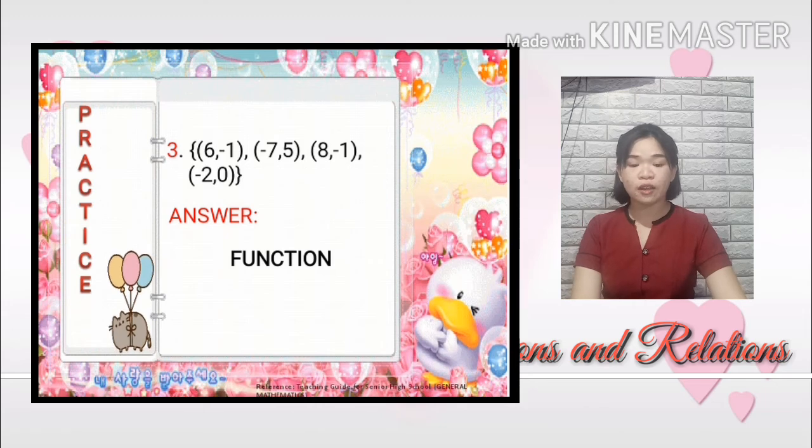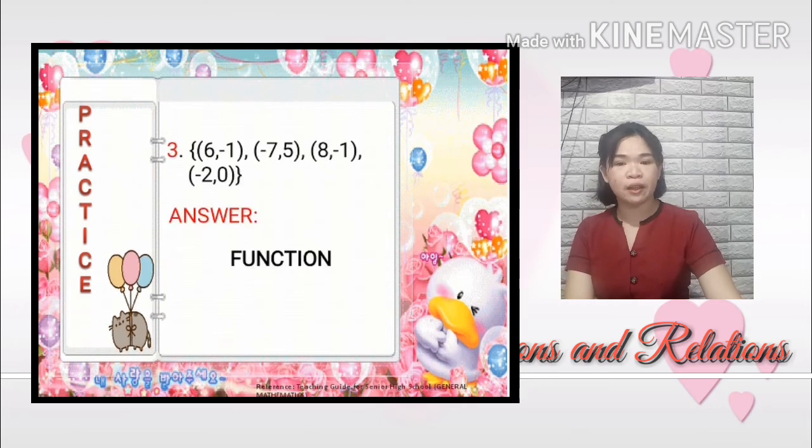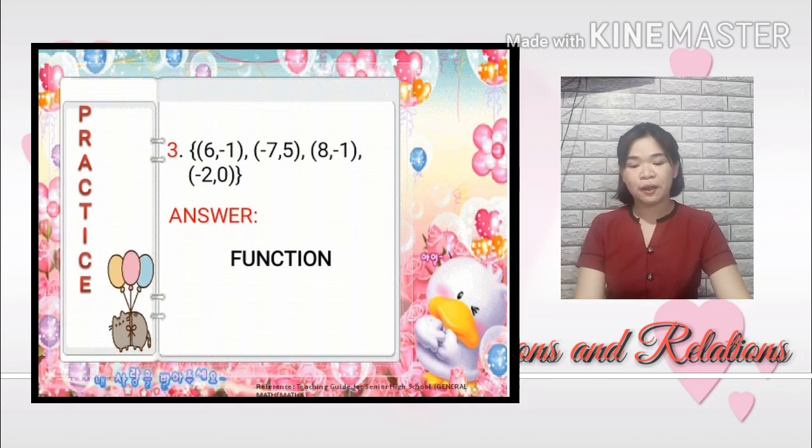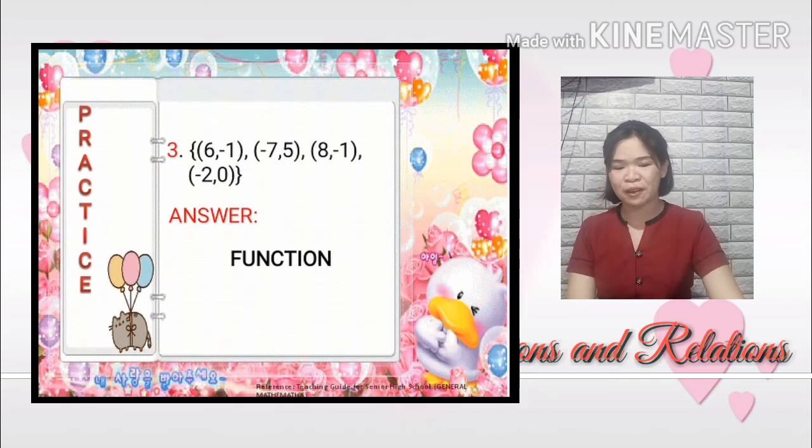And then the range are negative 1, 5, negative 1, 0. Okay, so if you can see, the negative 1 in the range has been repeated, but it does not matter. X cannot be repeated, but Y can be. Yes, it's unfair that X cannot be repeated, but Y can be repeated. That is the rule.